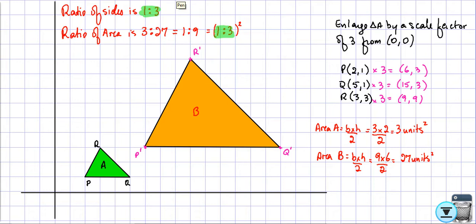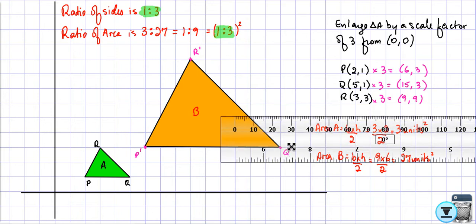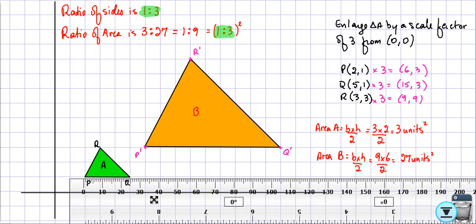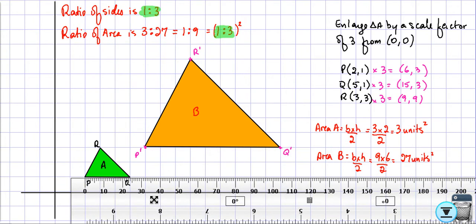We can also find the relationship between the perimeters of the shapes. Let's measure the sides. We could also use Pythagoras' theorem, but it's easier to measure here.